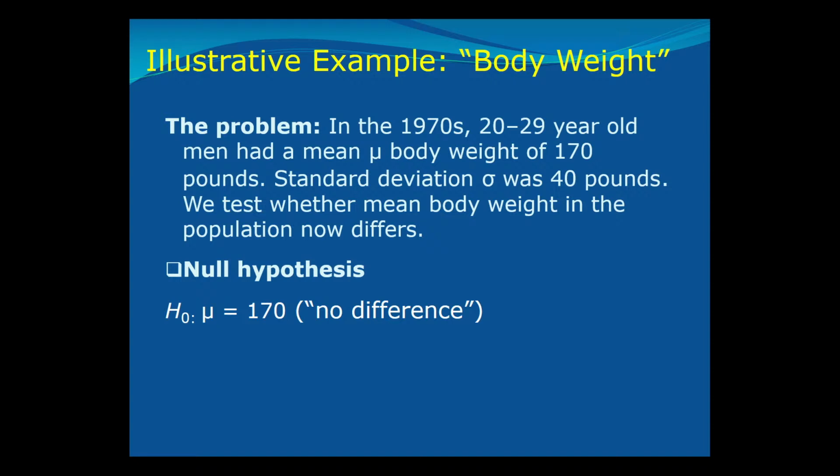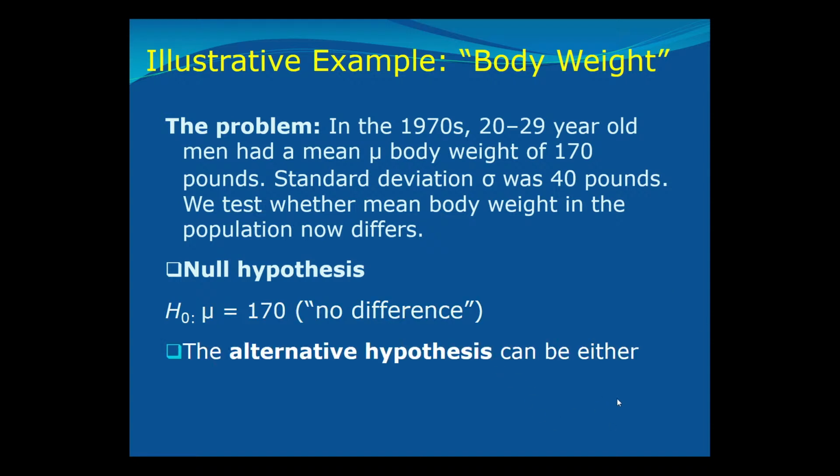The mean body weight equals 170 pounds. So there is no difference in the population in the 70s and nowadays.